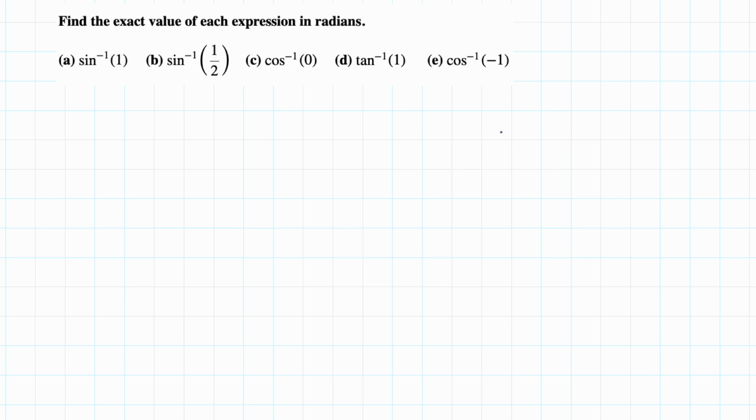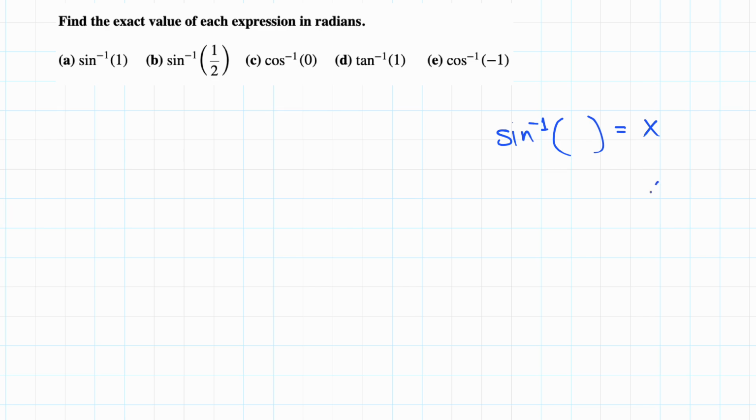So whenever we have sine inverse of a value, that value should be in between -1 and 1, inclusive, okay? That will be the answer, let's say some x value.